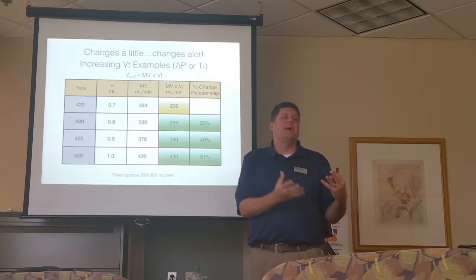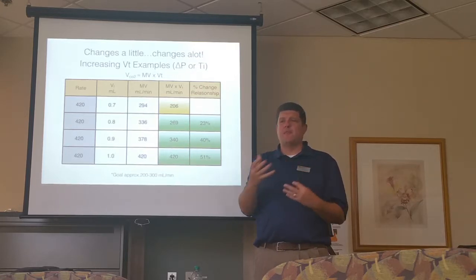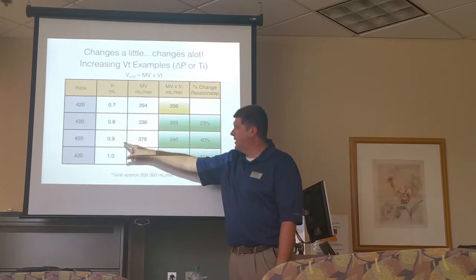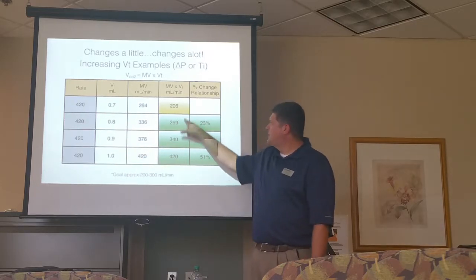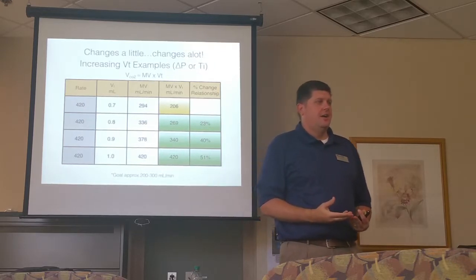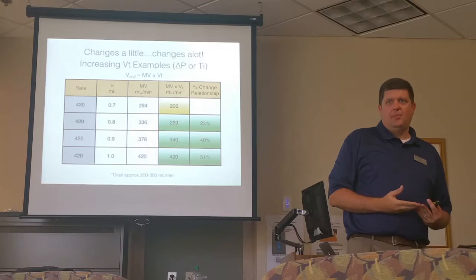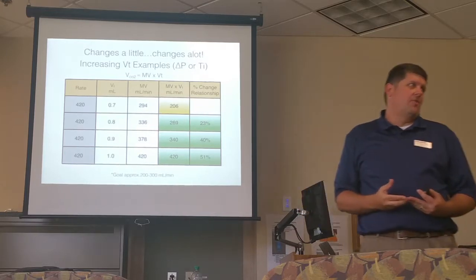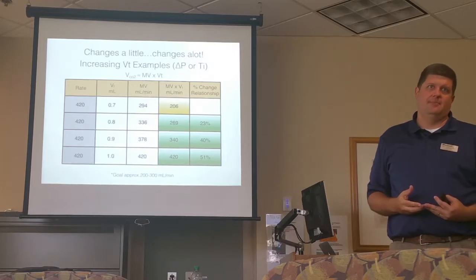If I increase my jet PIP and I increase my volume delivery, if all I do is increase it by 1/10 of a cc or even more, look at this tremendous increase in your overall CO2 ventilation. That's why even small changes in the volume make a big difference in our overall CO2 elimination, okay?